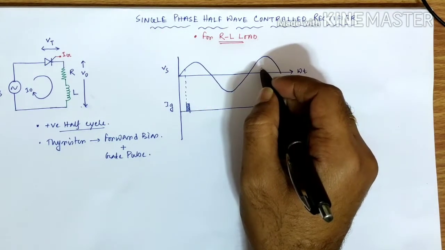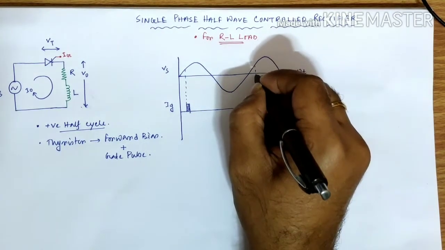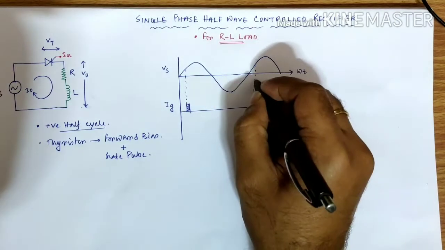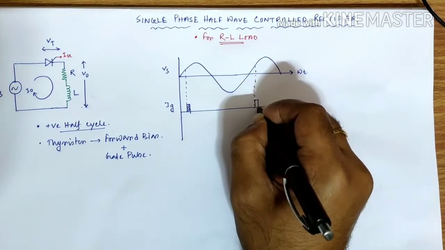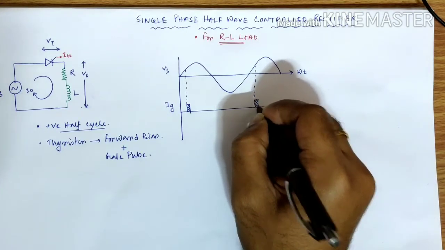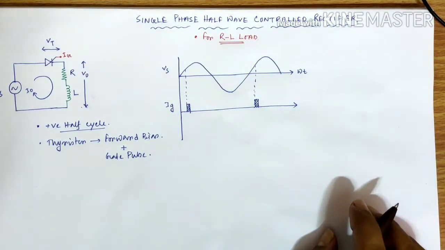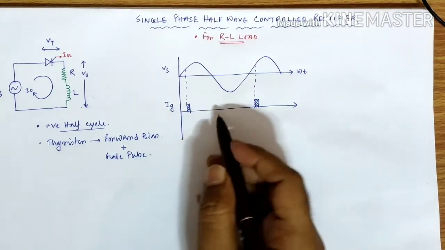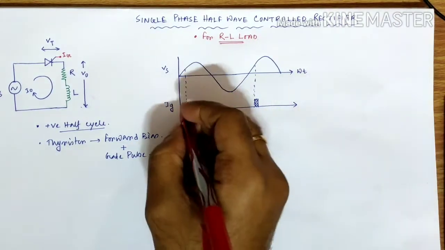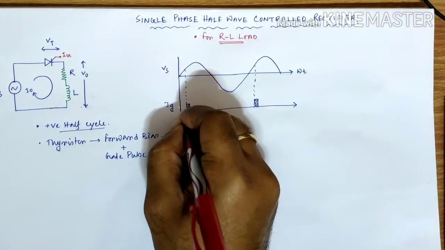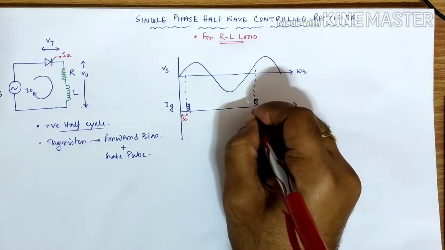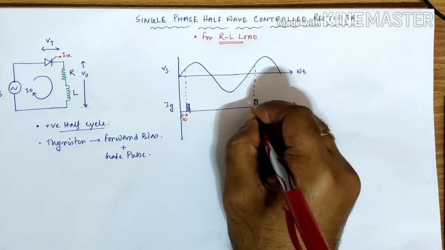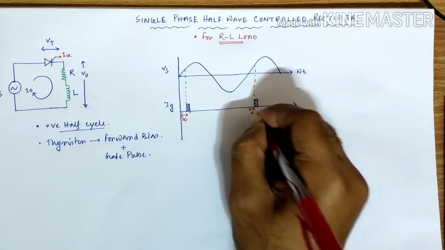In the positive half cycle, I need to provide the gate pulse. Might be my diagram is not so good, but hopefully it is enough to understand the topic. So here, at this angle, we normally represent this angle as alpha. So at the alpha angle, we have applied the gate pulse.